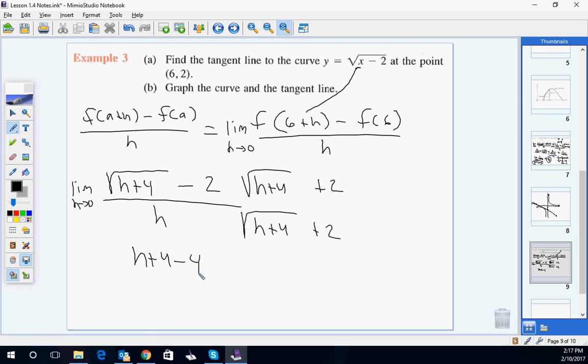Remember, don't FOIL the bottom until you see what the top is. So it's not that messy, okay? So it's like this. And so these go away. So they're gone. The h is canceled now.